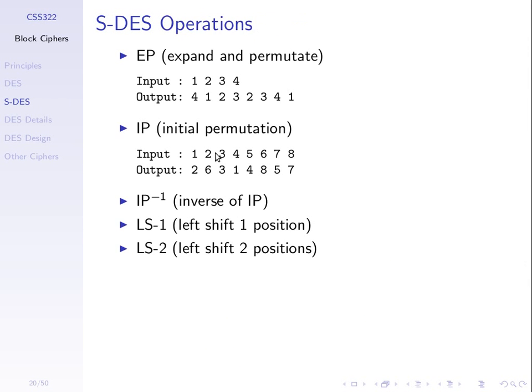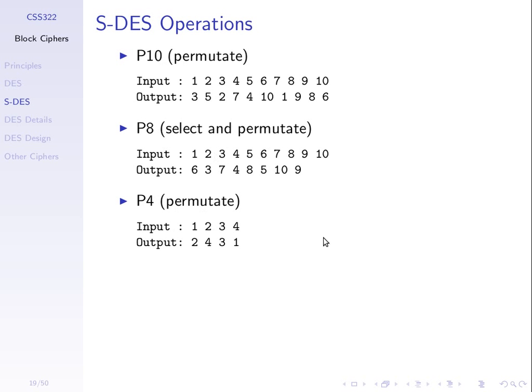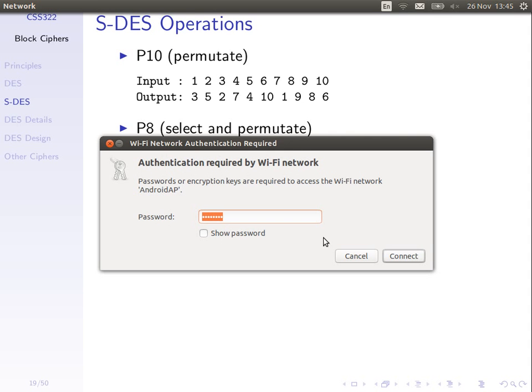P10, if we go back, is defined as if these are the 10 bits coming in, bit 1 through to bit 10, then the order in which they come out is defined by the second row. The first bit moves to the 7th position, the 10th bit moves to the 6th position, the 3rd bit moves to the 1st position, and so on. So that's a fixed permutation. It just rearranges the bits.